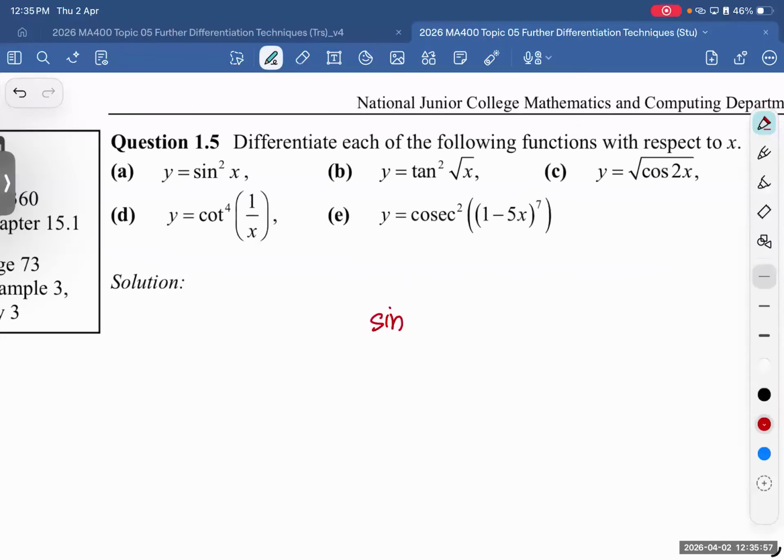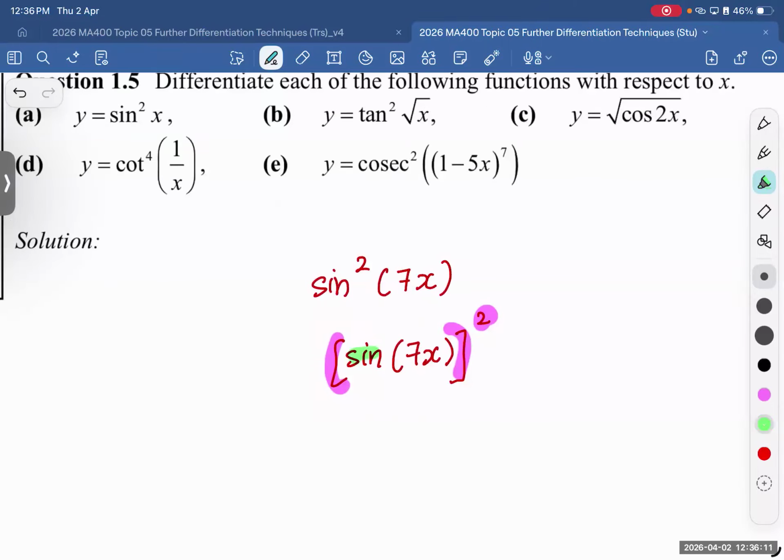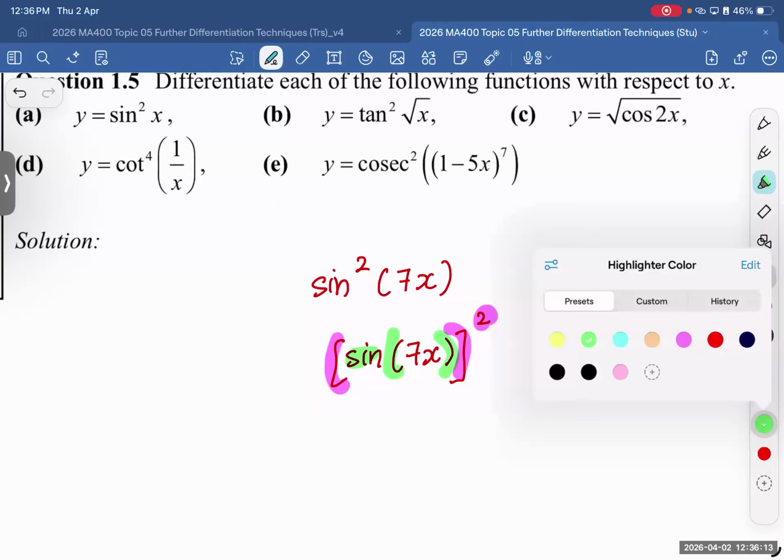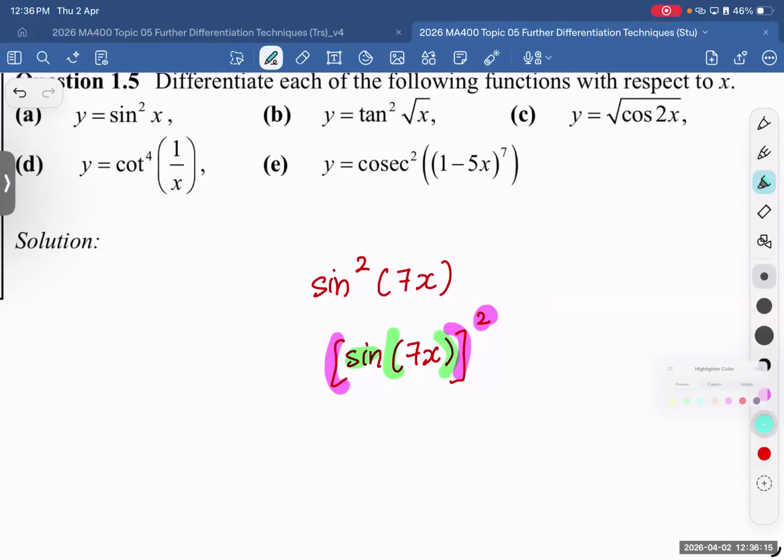Can I say this is the first layer, pink color? Can I say this is the second layer? That's not all, there's still more. Can I say this is the third layer?